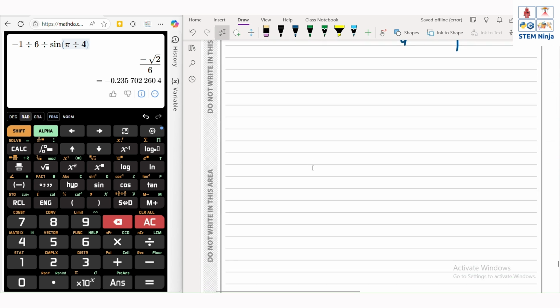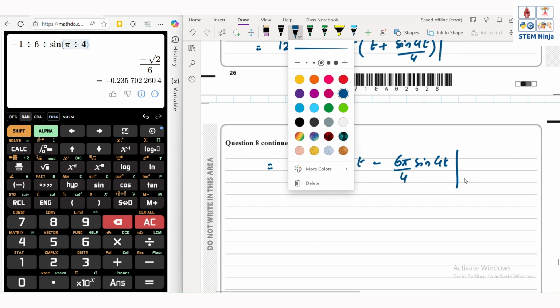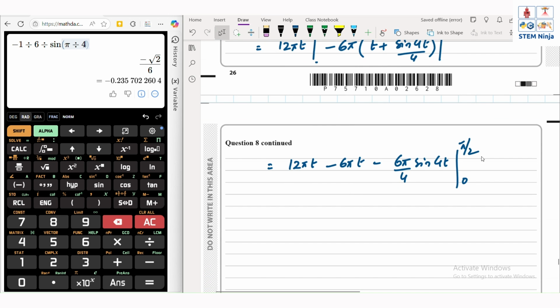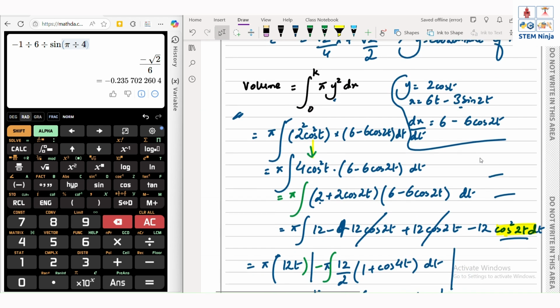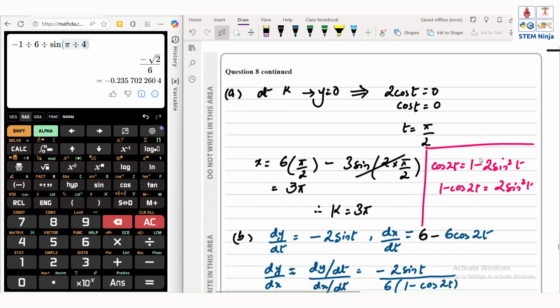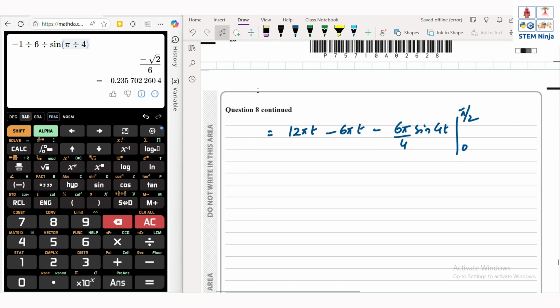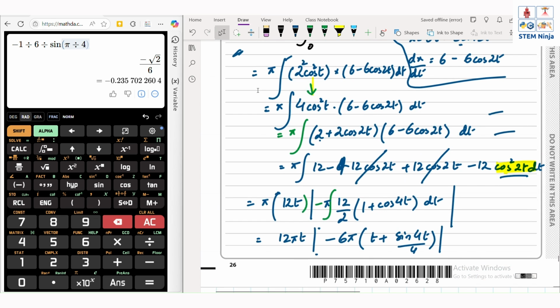So that means it is from t equal to 0 to pi by 2. Moving on, you can replace all of these limits by 0 to pi by 2.